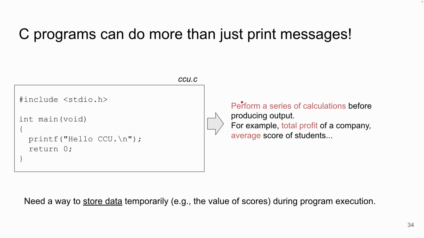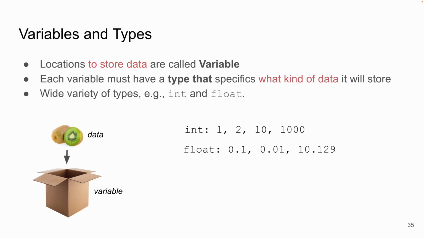To do that, the next concept we need to understand is how we can store all this information and data in our code temporarily, so that we can do some manipulation and some calculation on these values. So what are we going to do? In C, and in most modern programming languages, we use variables to store data.